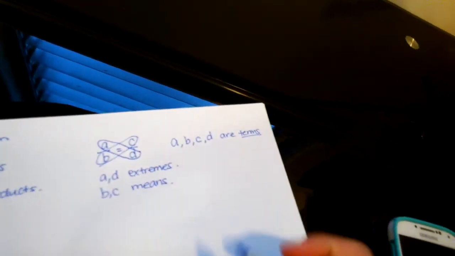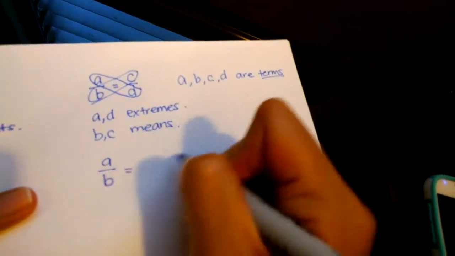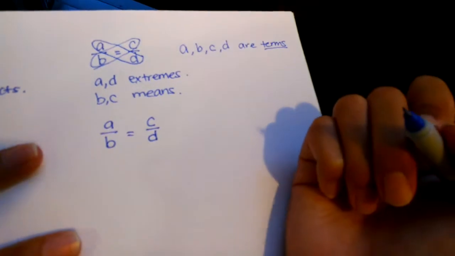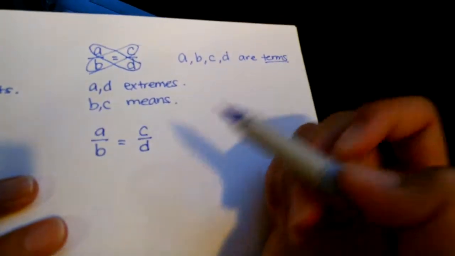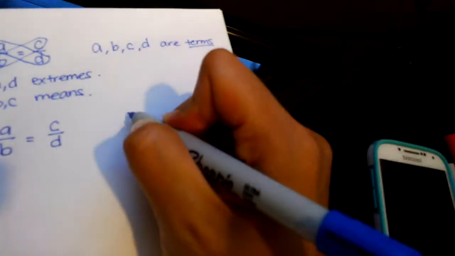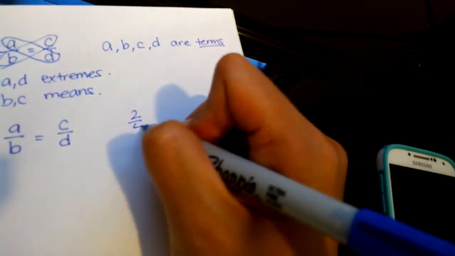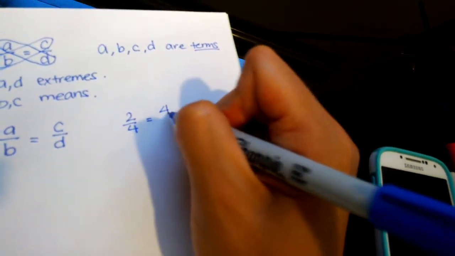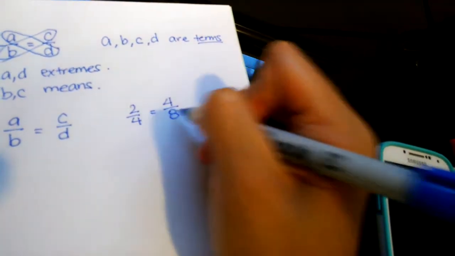So let's get to that part. The next part is, say we have A over B equals C over D. If we wanted to compare these values, for instance, let's say 2 over 4 is equal to 4 over 8.